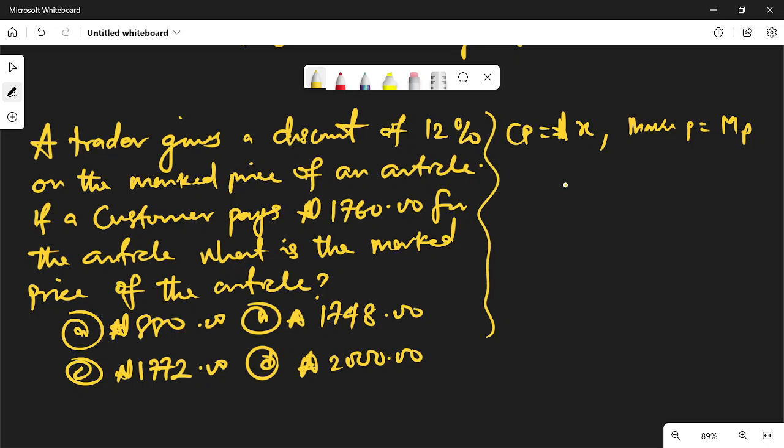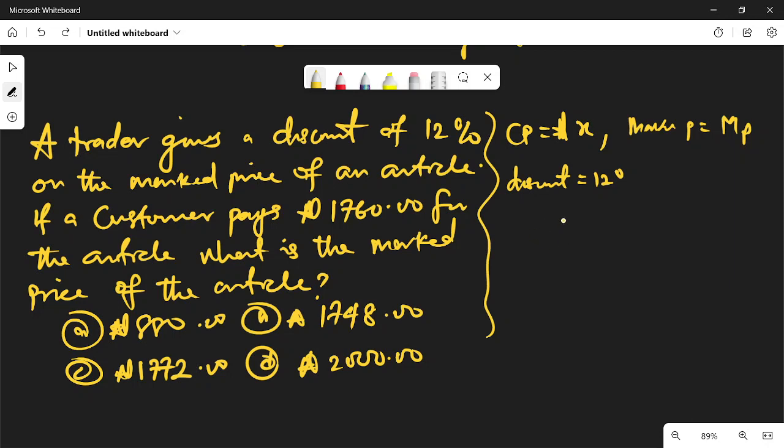The discount given is what? 12%. That is the discount. Let me take it in a way that you are going to really understand it and be able to digest it.